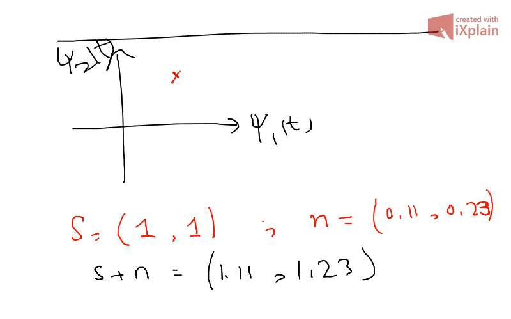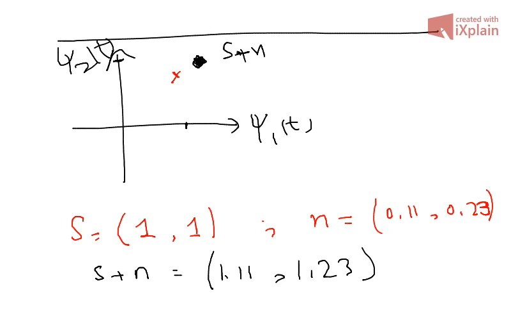So the noisy signal can be drawn: 1.11 is somewhere here, and 1.23 on the graph is somewhere here. So I would draw the new point, the noisy point, here. This would be my signal plus noise. This is the vector notation for the signal point of a noisy signal.